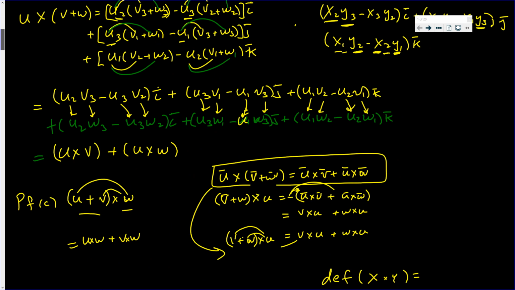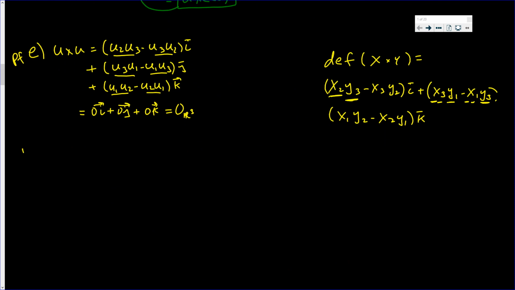Okay, 0 cross W, the proof of F. We want to show that 0 cross W is the same as W cross 0, which is the same as the 0 vector in R3.